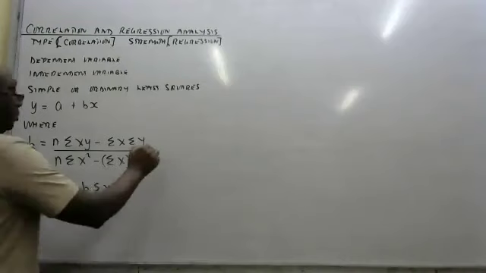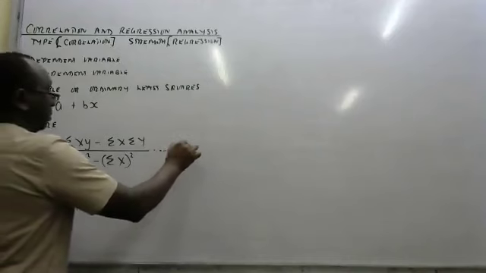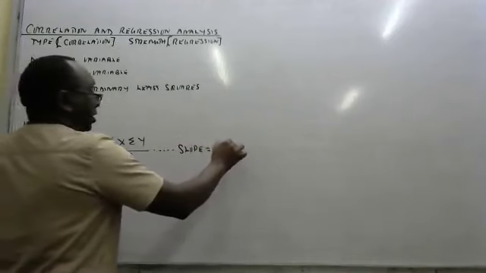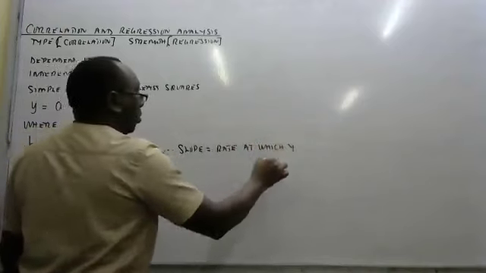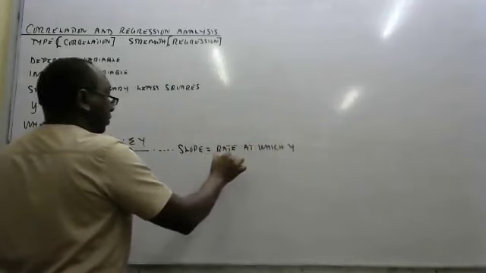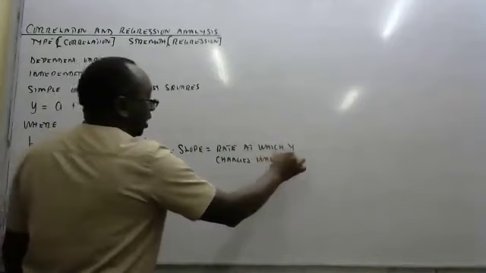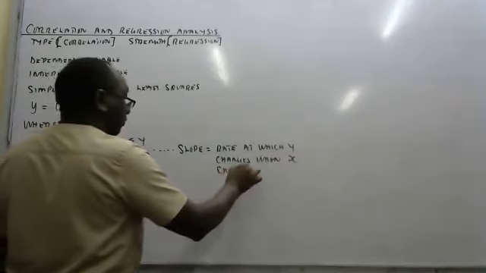Maybe we could specify here, b is the slope, and the slope is the rate at which y changes when x changes by 1 unit.